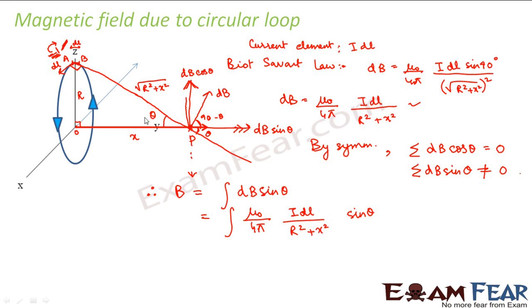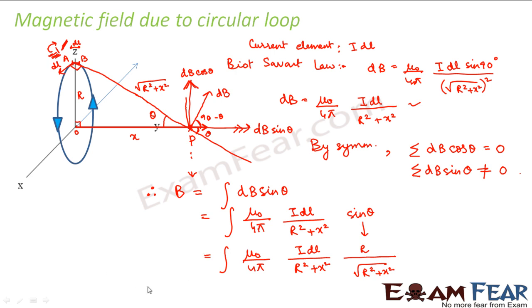In this triangle, sin theta is perpendicular by hypotenuse. So you can write sin theta as perpendicular, that is r, divided by root over r square plus x square. So you can write sin theta like this, and the rest remains the same, that is mu naught by 4 pi I dl divided by r square plus x square.